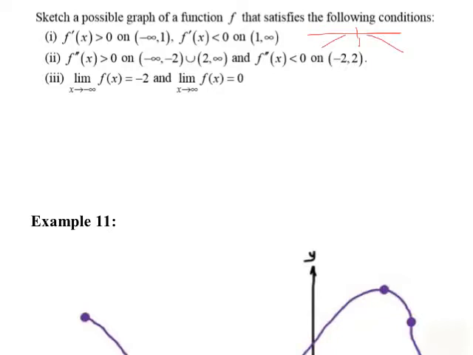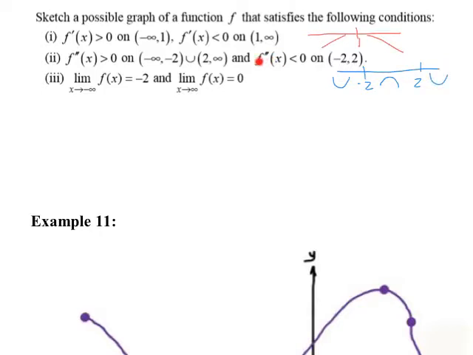The second piece tells us that we have important things going on at -2 and 2. We start concave up, then we are concave down from -2 to 2, and concave up after that.